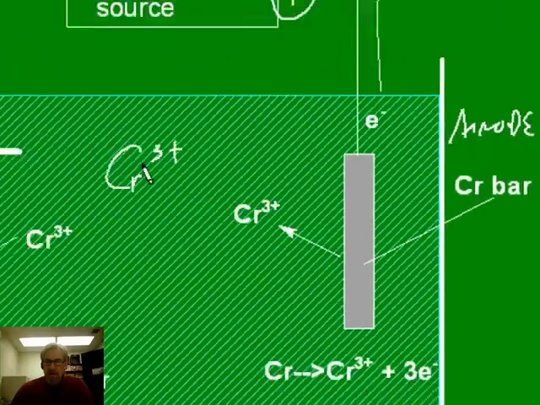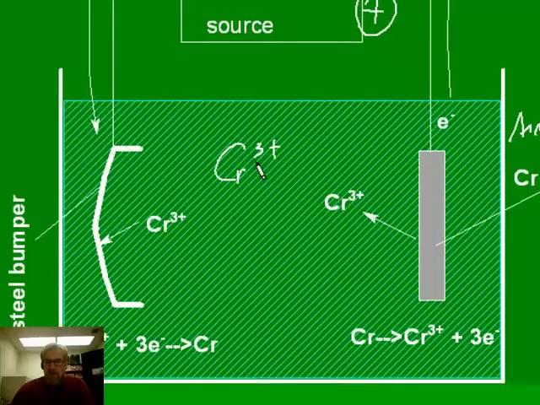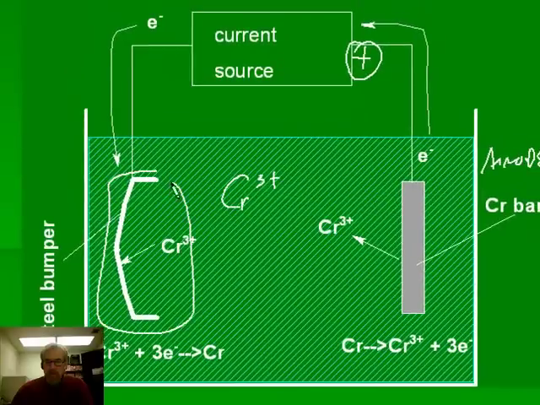Now the object that you want to coat with chromium, the bumper in this case, would be inserted into the solution, so that's right here. And this is made of steel, but we hook it up by wire to the negative terminal of the current source. So electrons are going to flow into it. The current source then forces oxidation to occur at the chromium bar, and more chromium 3+ ions are created and put into solution.